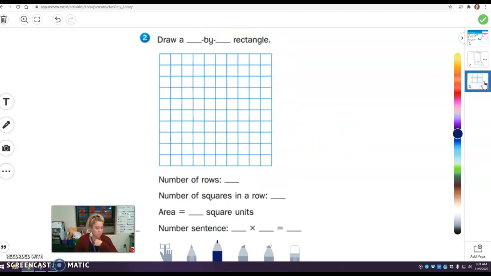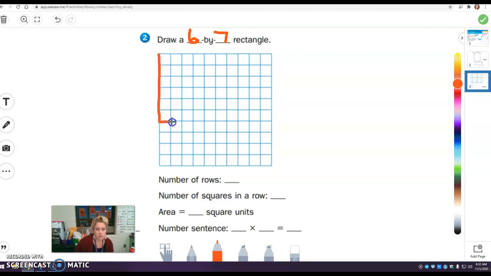All right, so for this one, we are going to draw in a 6 by 7 rectangle. So I'm going to go with a new color here. So 6 by 7. So I'm going to draw in 6 rows. 1, 2, 3, 4, 5, 6.